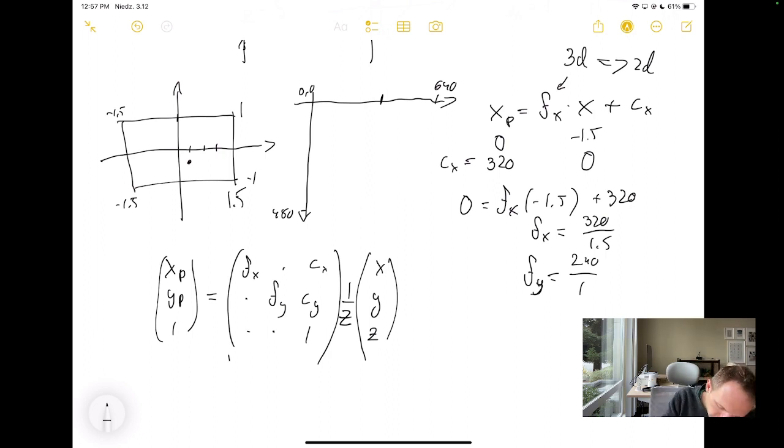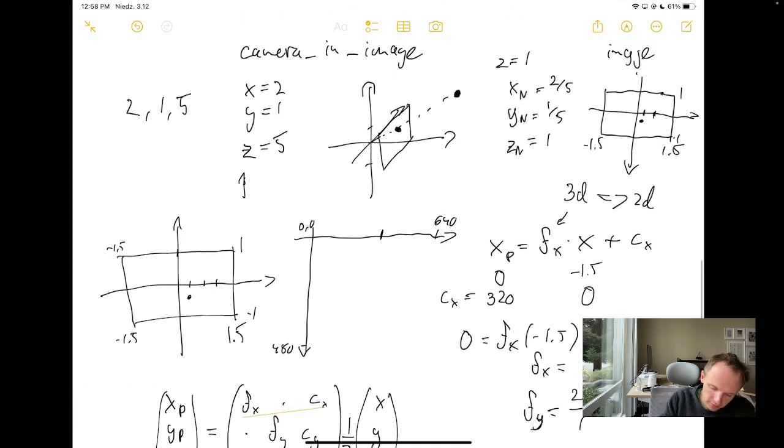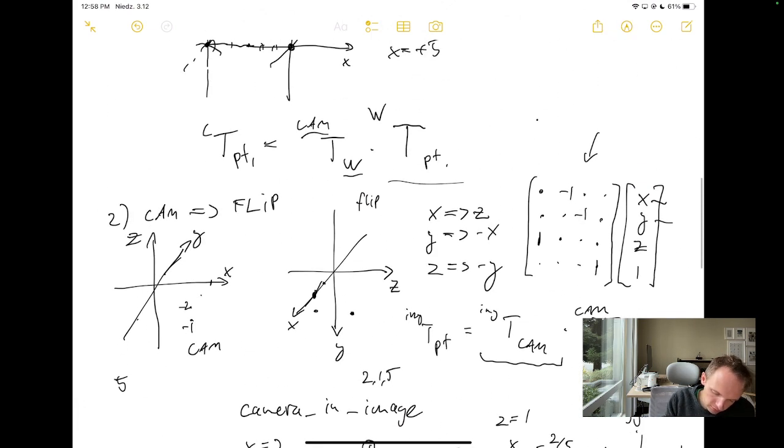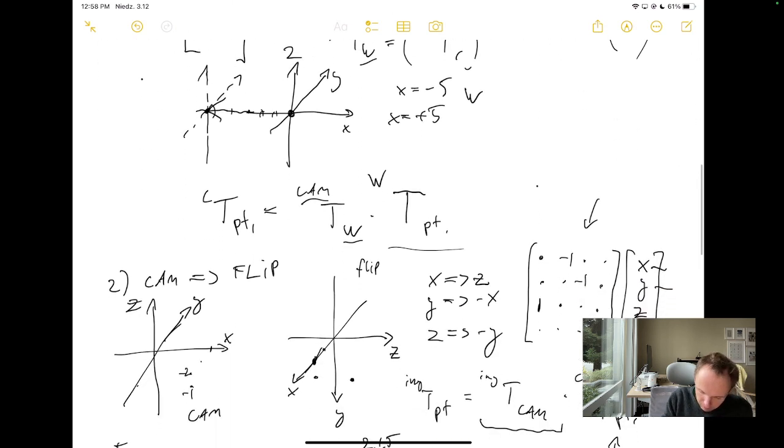And this is often called the camera intrinsics matrix. And then the pose of the camera in the world frame, sometimes together with this flip, sometimes not really.